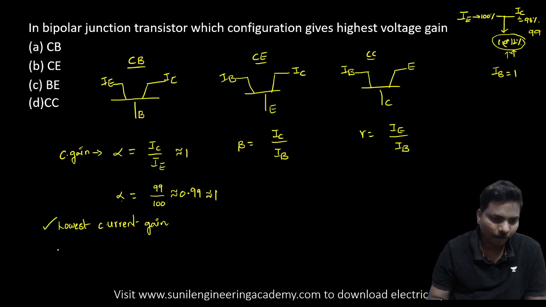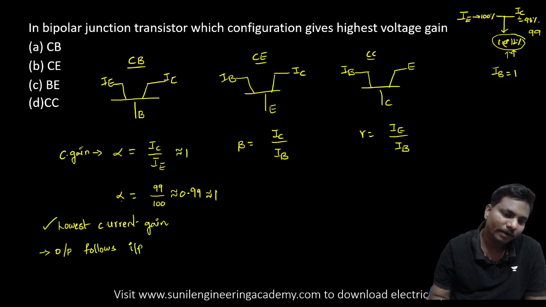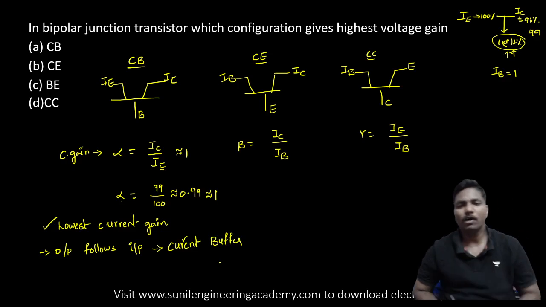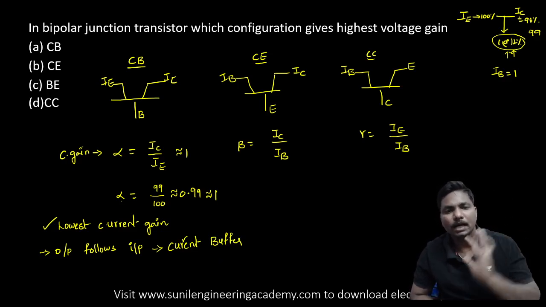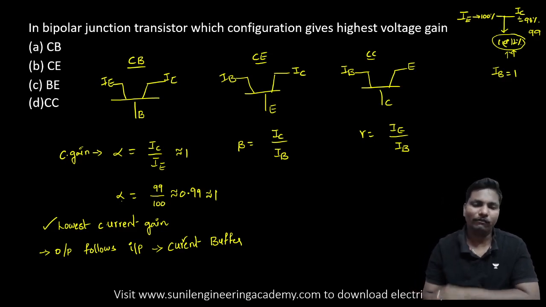Output follows input. Whenever the output follows the input, it is called a buffer, so it is called a current buffer. Very important question, guys: which configuration acts as a current buffer? That is common base. All of you clear up to this?